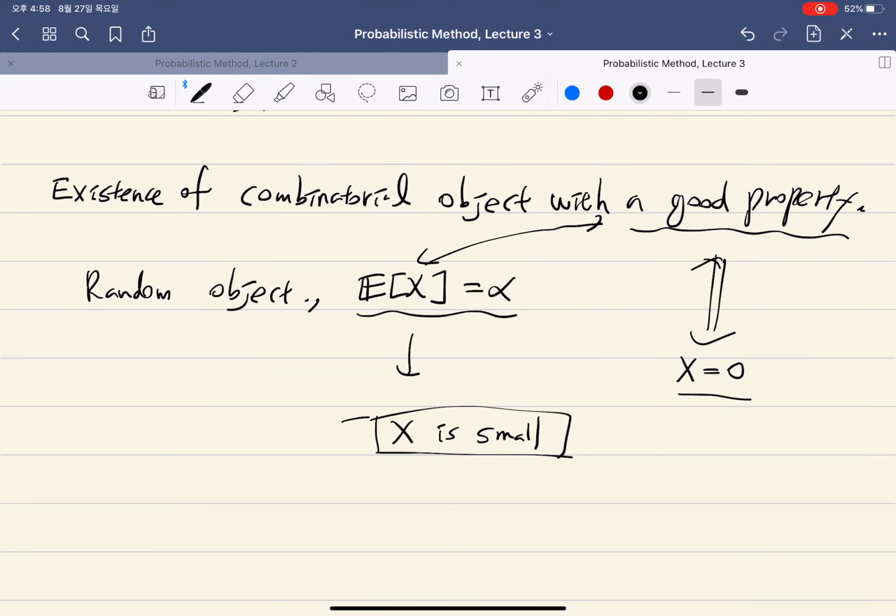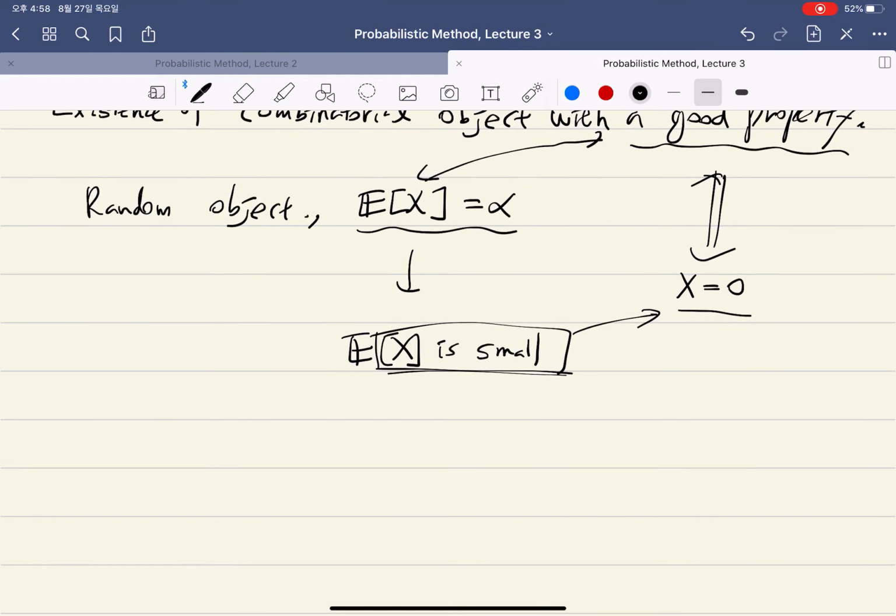Then, with this expectation, you cannot really say that X can become 0, unless there are more assumptions, like X is an integer. If X is always a non-negative integer and the expectation is smaller than 1, then you can say that X can be 0. But if no such assumptions are there, and this small is not really smaller than 1, it's small in other magnitude, then you cannot do this.